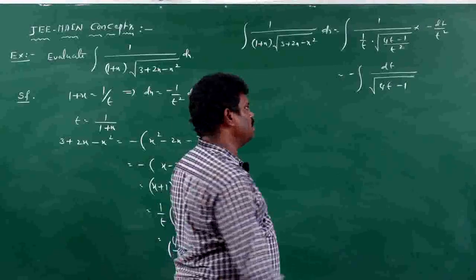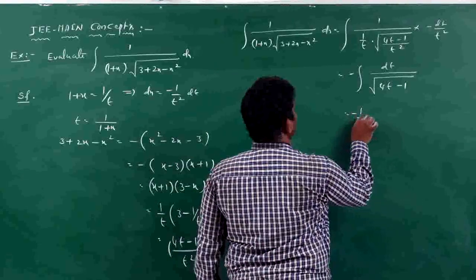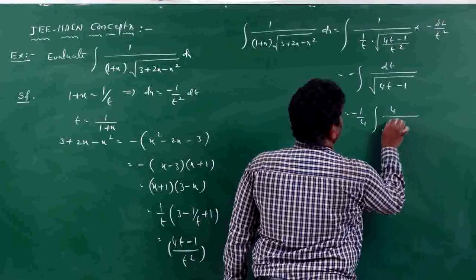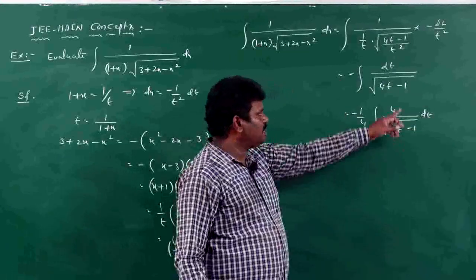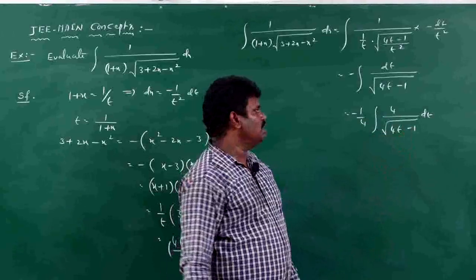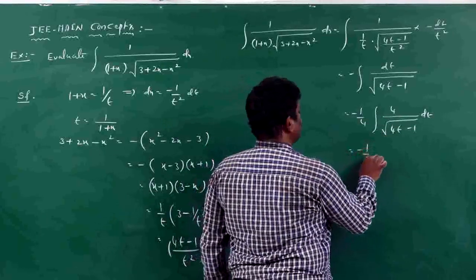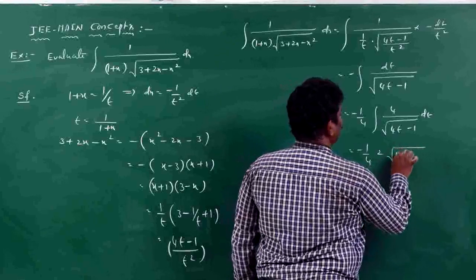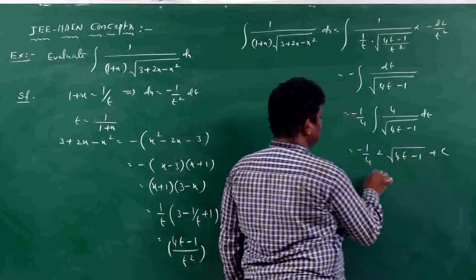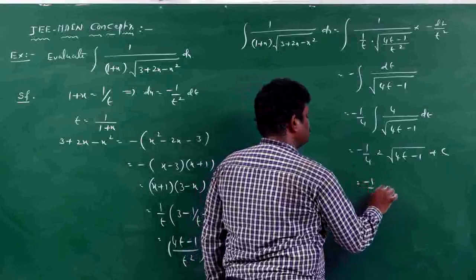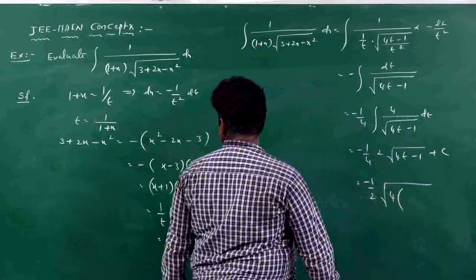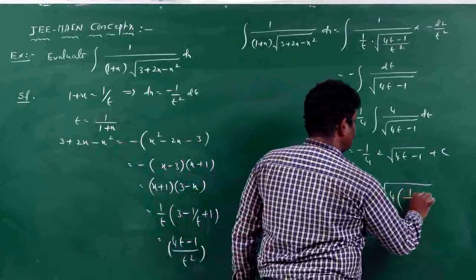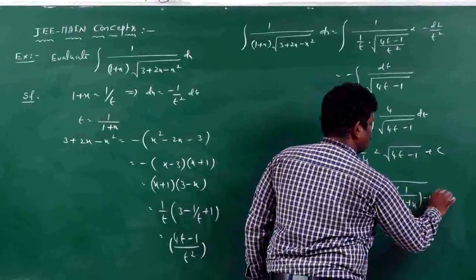Now multiplying and dividing with 1 by 4, so 4 by square root of 4t minus 1 dt. That is the formula we know, integral f dash of x by root of f of x. Then that is equal to minus 1 by 4 into 2 into root of 4t minus 1 plus c. 2 ones are 2, 2 twos are 4, so minus 1 by 2 into square root of, where t is equal to 1 by 1 plus x: 4 by 1 plus x minus 1 plus c.